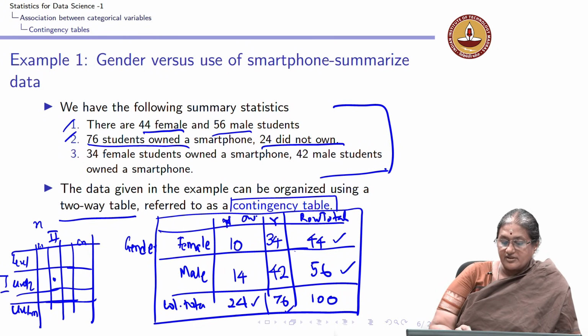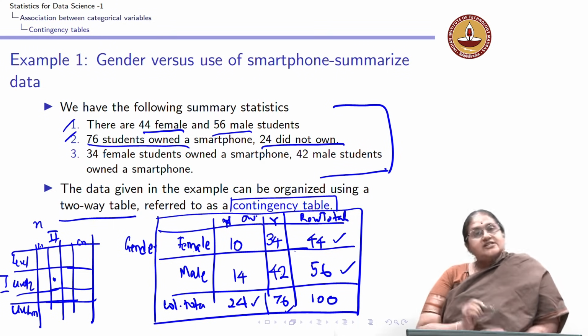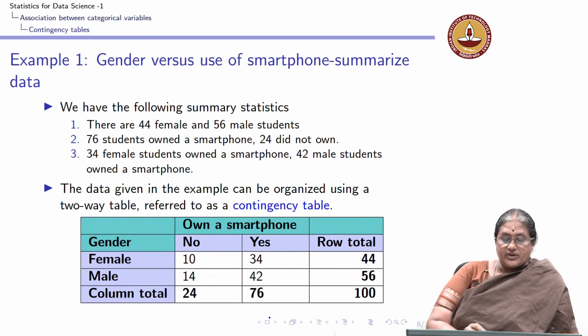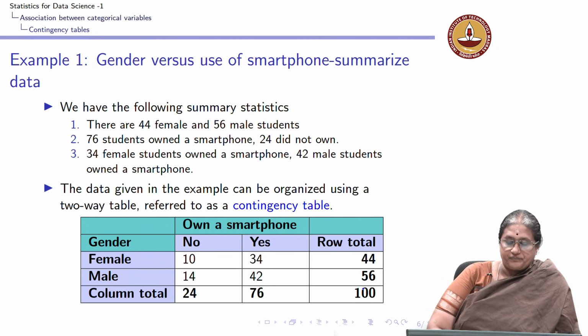For example, 34 is the number of female students who own a phone. So, this is how we construct a contingency table, and this is how we have summarized it.